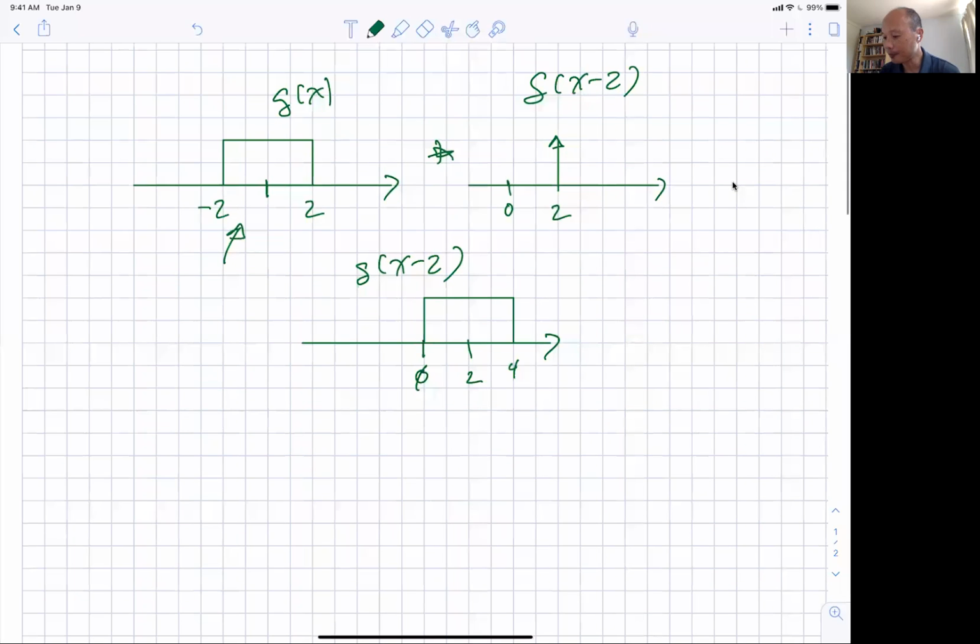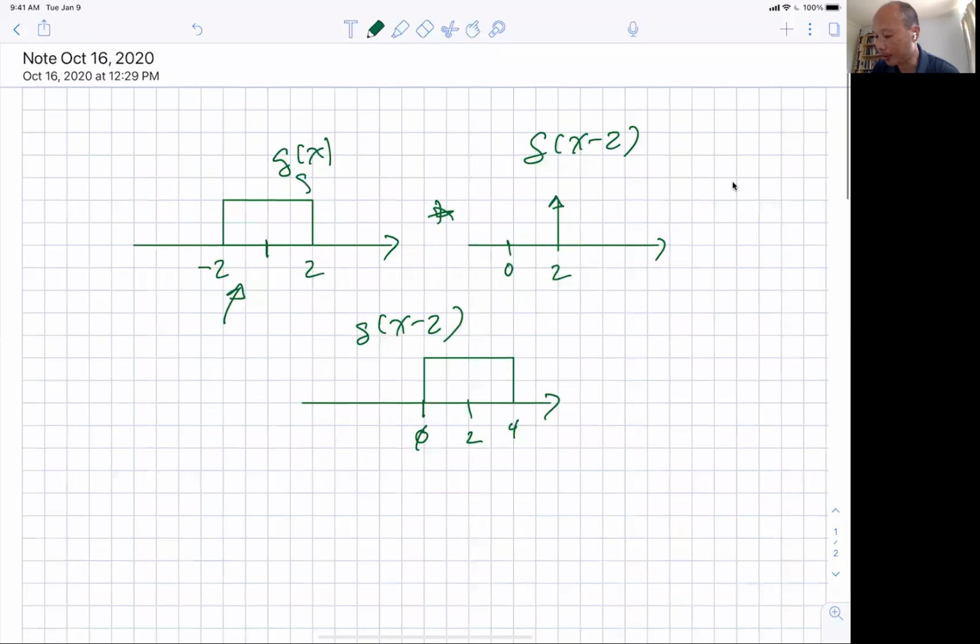So for example, if I were to shift it over, this is g of x, but it's also equal to g of minus x, right? Those are the same, right? Yeah. So imagine shifting this over to the right. Okay.